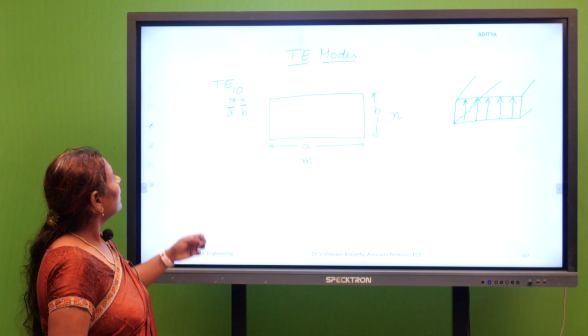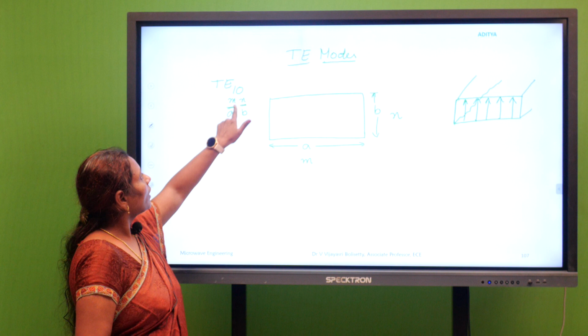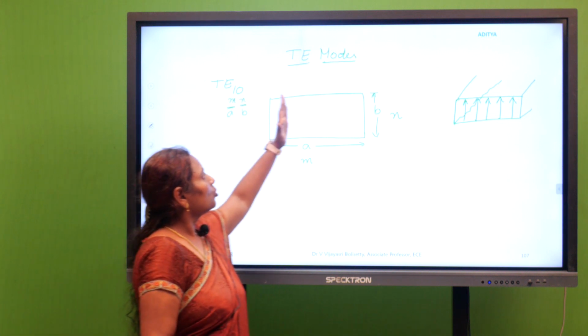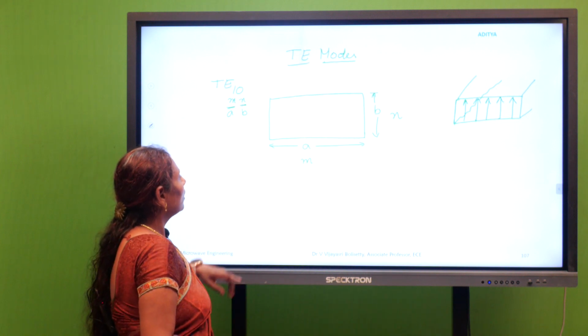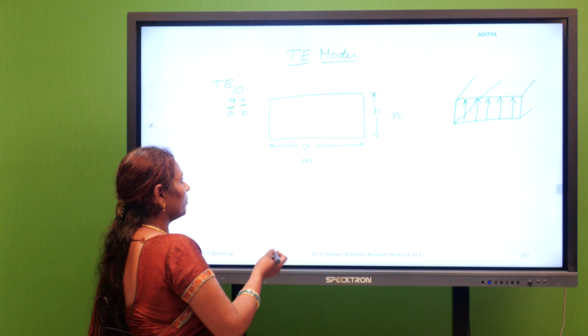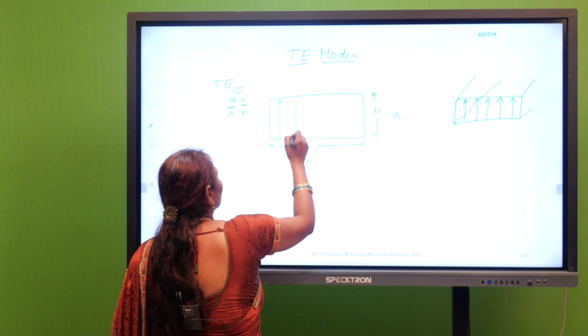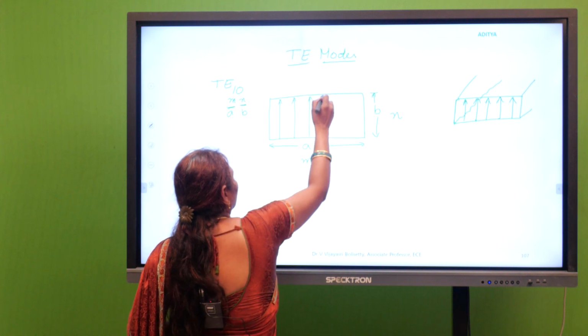And here it says there is one variation onto A and 0 variations onto B. That means there is no variation onto B and there is only one variation onto A. So, we can draw the electric field like standing arrows towards only one direction.